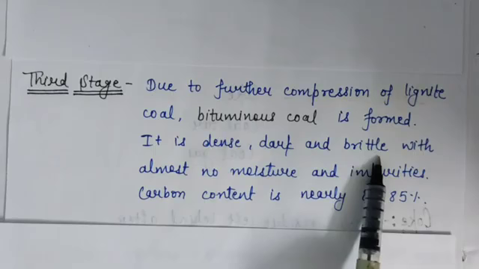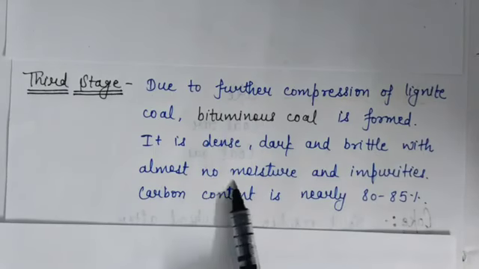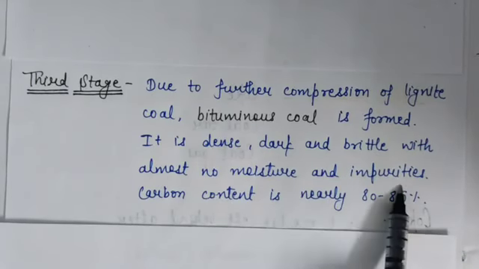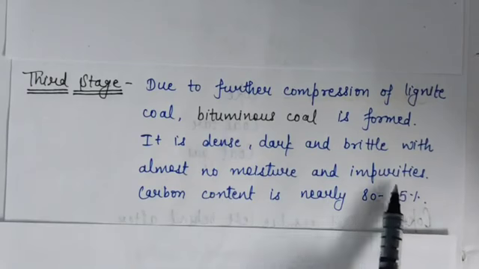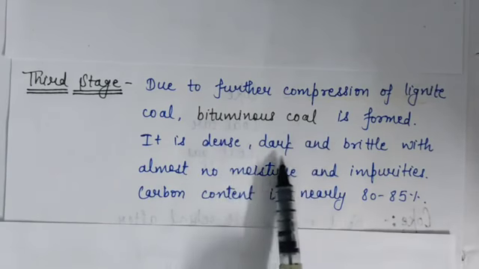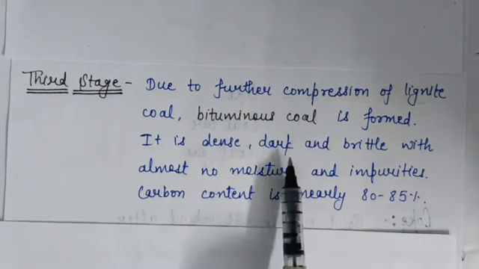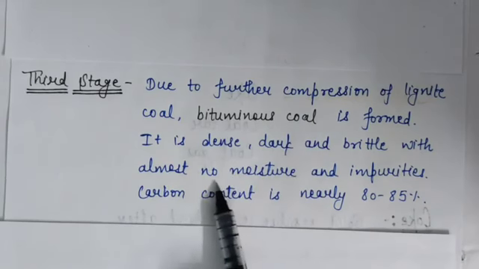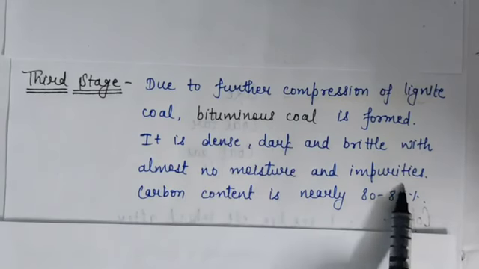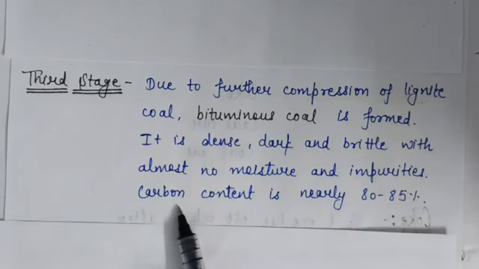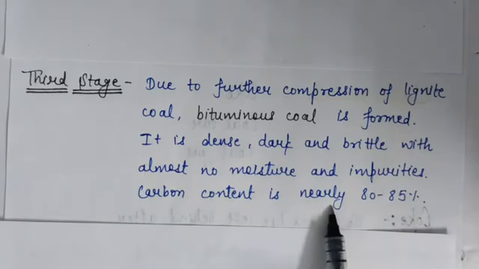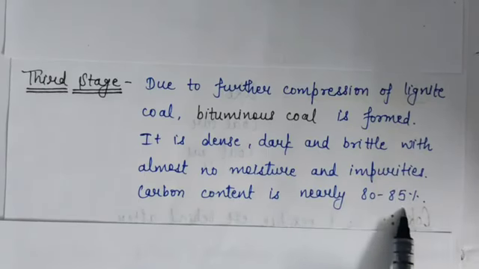Brittle means hard, with almost no moisture and impurities. Bituminous coal is black in color, it has almost no moisture and impurities, and carbon content is nearly 80 to 85%.